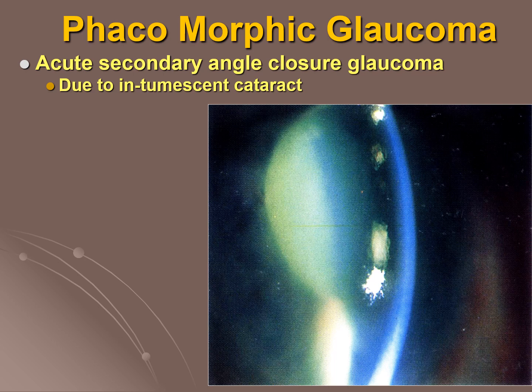Once irido-corneal contact is there, there is a sudden rise of intraocular pressure, causing all the symptoms of acute congestive glaucoma, but it is due to the shape of the lens. And here you can appreciate intumescent cataract, fixed dilated pupil, and corneal edema.